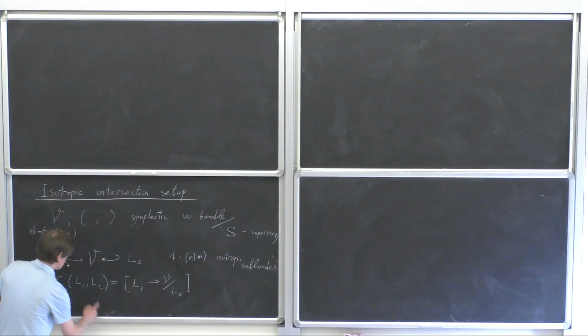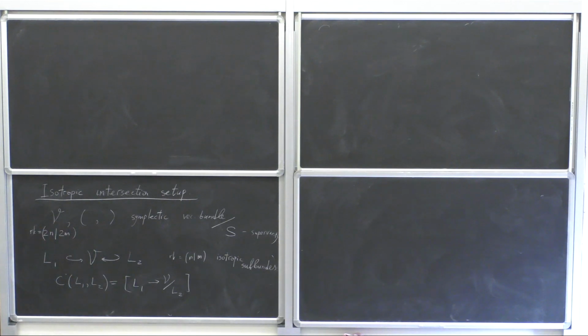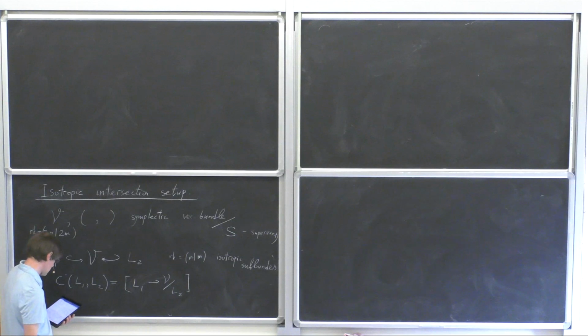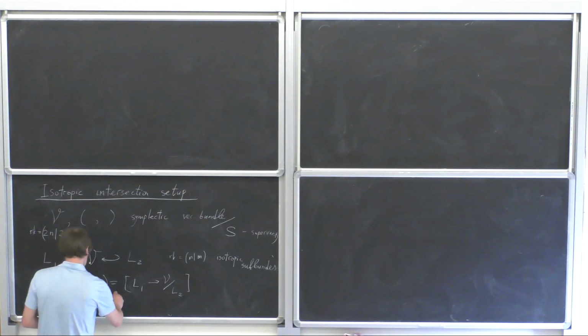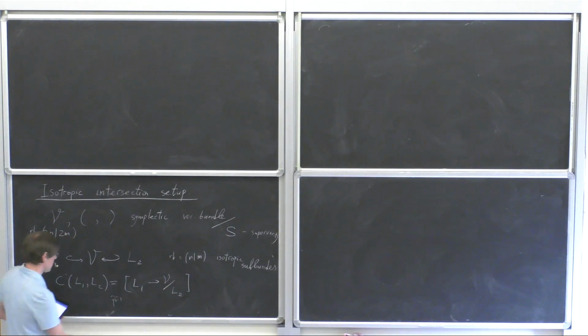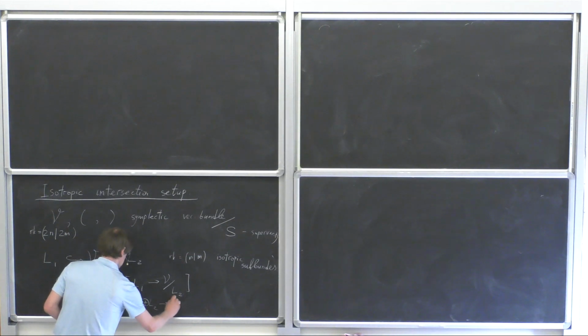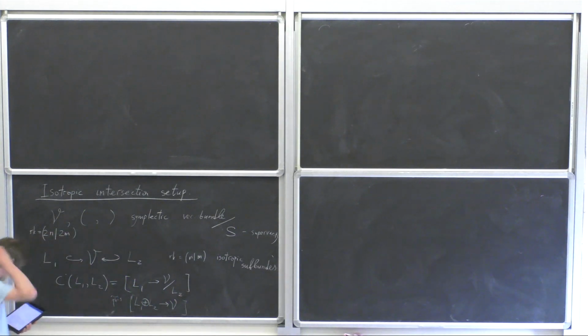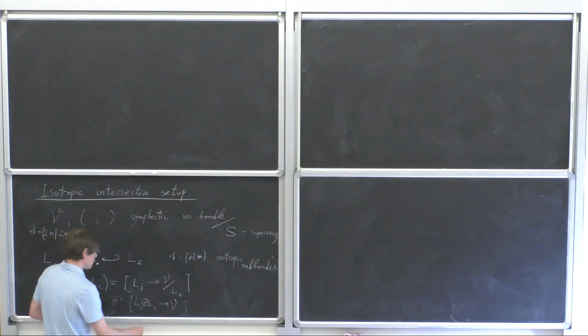This map is just induced by first embedding into V and then projecting to V mod L2. If you consider it up to quasi-isomorphism, you can view it symmetrically. You can just take L1 plus L2 going into V. So the order of L1 and L2 is not important. On the other hand, you can also identify V mod L2 with L2 dual.